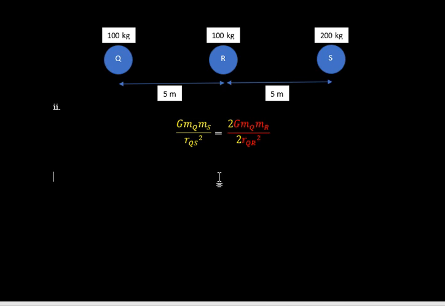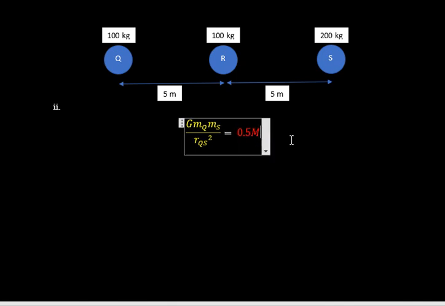So you need to multiply mR by 2. Just like what we did before, the portion in red is M. What we have added is a 2 divided by 2. Don't forget to square it. 2 squared, so it's a 2 divided by 4. 2 over 4 is half, so you can write it as 0.5M.